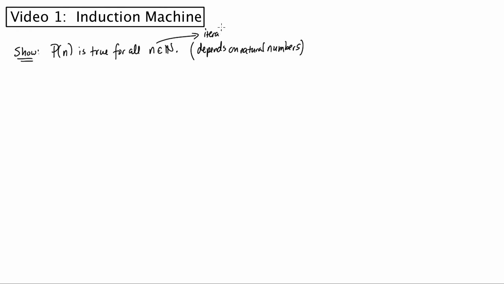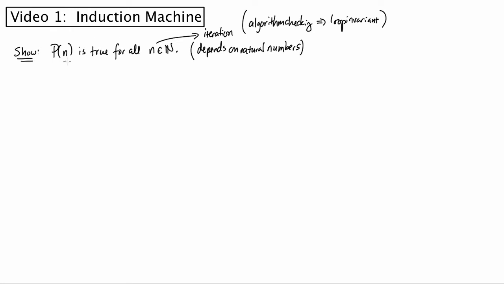So it depends on having an iteration, which is why oftentimes this is tied to algorithm checking or something called a loop invariant. So the induction machine is really a way of testing to see whether a loop or an algorithm works and does what it says it's supposed to do. But in general, it's a way to mathematically prove statements that depend on the natural numbers.